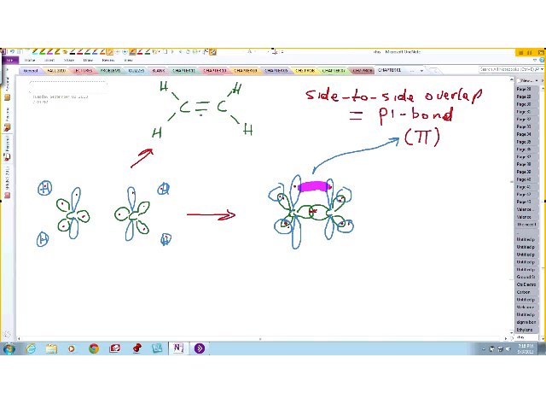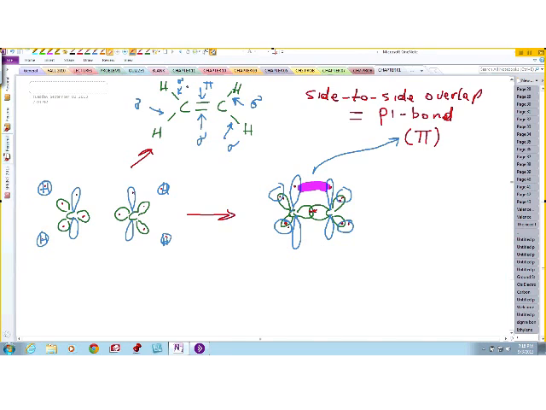So in this molecule, one of these bonds is a sigma bond, and the other is a pi bond. And this here is a sigma bond. That is the symbol for sigma, using the Greek symbol. This here is a sigma bond. This here, sigma bond. And also this here, sigma bond.